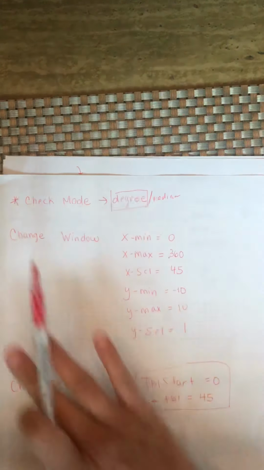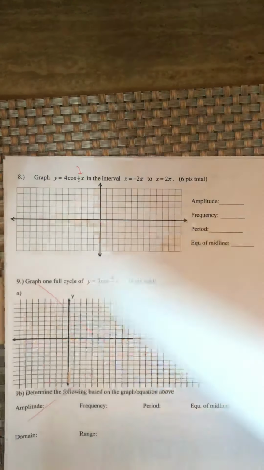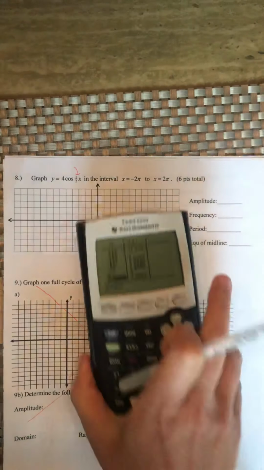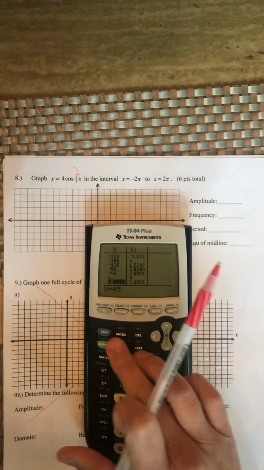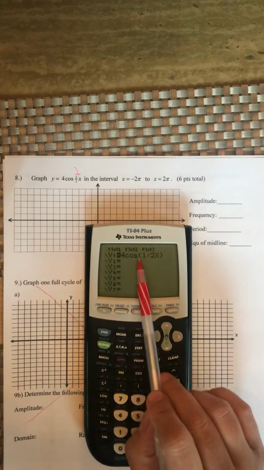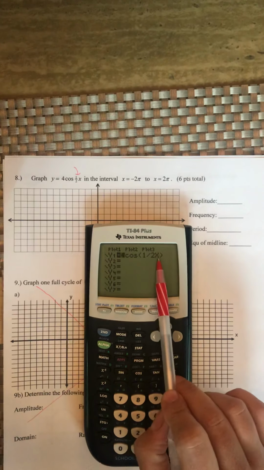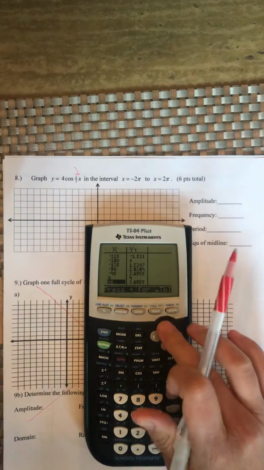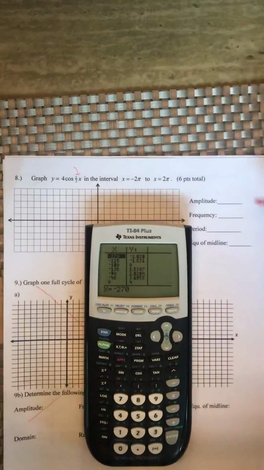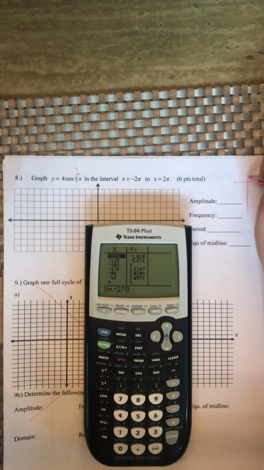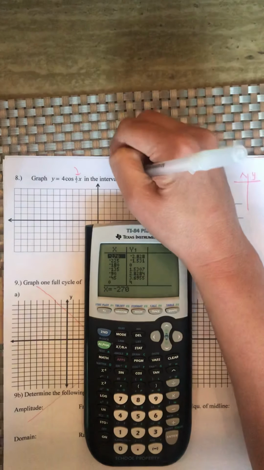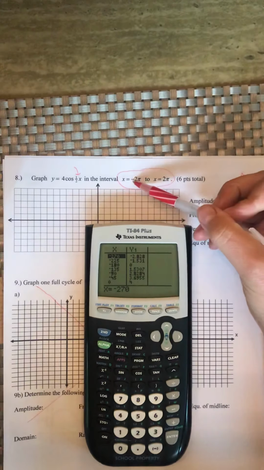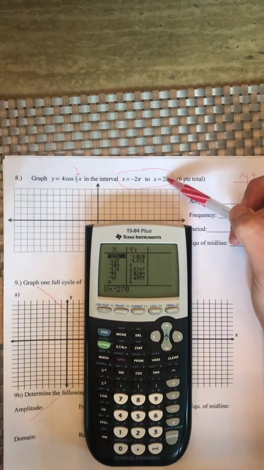So if you're using your graphing calculator, that is fine. You then go ahead and put in your graphing calculator, y equals 4 cosine 1/2 x. You go to your second table, and this right here, you can go ahead and make your x and y. You're going to go from negative 360 to positive 360.